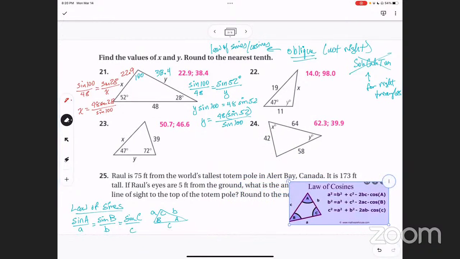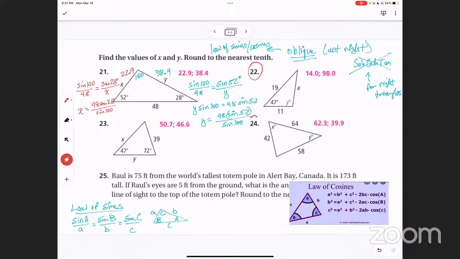Okay, nice. And now the reason that we have to use the law of cosines is because we don't have one of the angles, so we can't use this formula. If we don't have at least one of those angles, we can't use the law of sines. So if we only have the three sides, or if we have two sides and the angle between them, like this, you'd have to use the law of cosines.